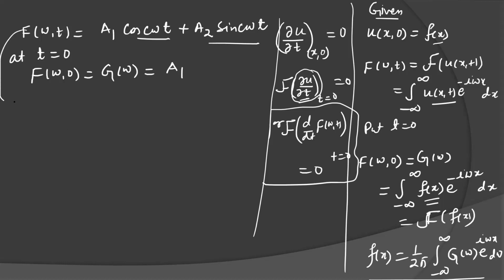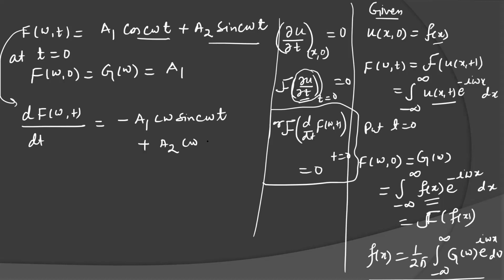So now if you differentiate it, dF by dt is equal to minus A1 c omega sin c omega t, differentiating with respect to t, plus A2 c omega cos c omega t.